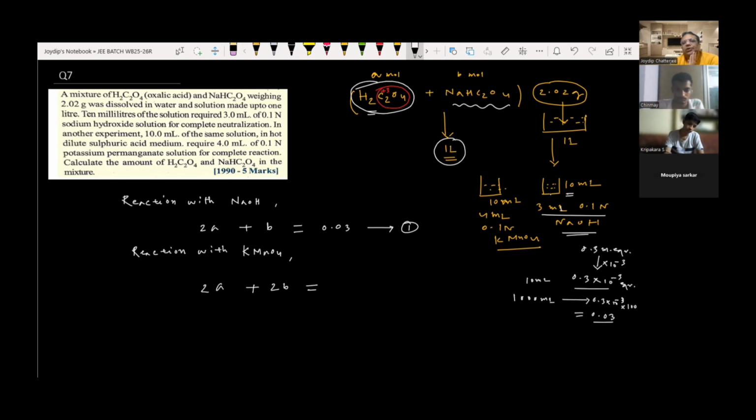In this case, the number of milliequivalents is 0.4, so equivalents is 0.4 into 10 to the power minus 3 for 10 ml, and for 1000 ml it is into 100, so it will be 0.04. Now you can solve for A and B. After solving A and B, directly you get the number of moles. Then you can multiply with molar mass and you will get the amount. If you calculate one, for the other you just subtract from 2.02. Number of moles first you calculate.